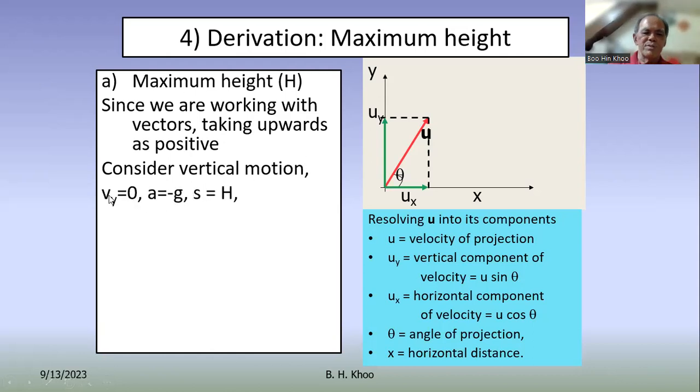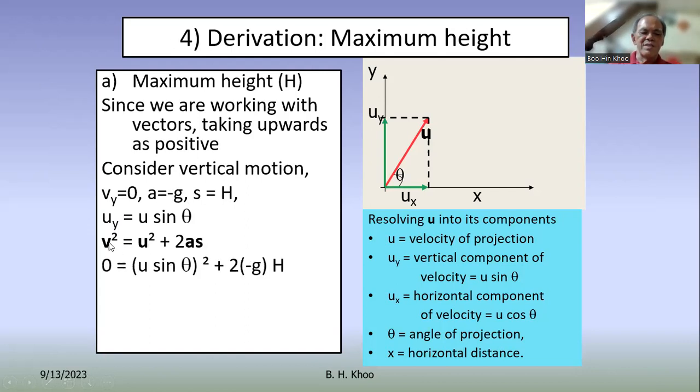This Vy is the final velocity. The y component of the final velocity is 0. a is minus g, downwards. s equals H, the maximum height. And this is the initial velocity in the y direction. So we choose the equation v squared equals u squared plus 2as.